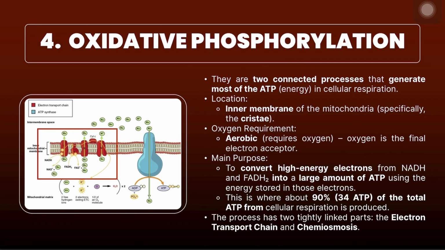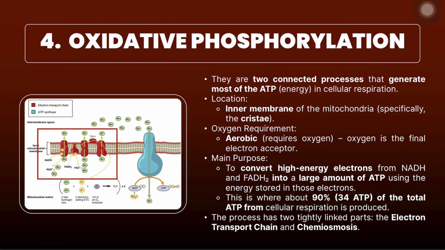Oxidative phosphorylation has two connected processes. We have the electron transport chain, where the electrons are passed along a series of proteins and release energy.